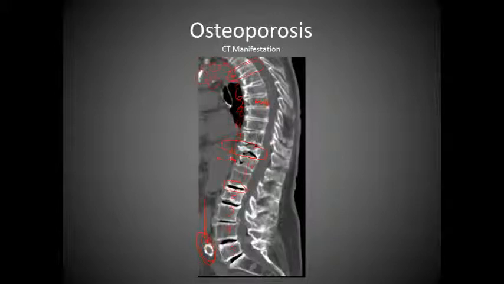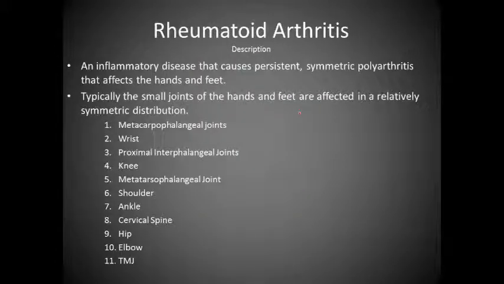Some at T4. We have vacuum phenomenon at all of the lumbar levels, with the exception of L1 to T12. And we have just generalized lack of density in the vertebral bodies. That is typical signs of osteoporosis.